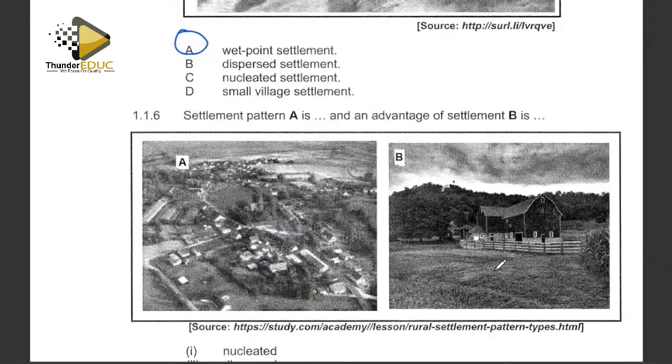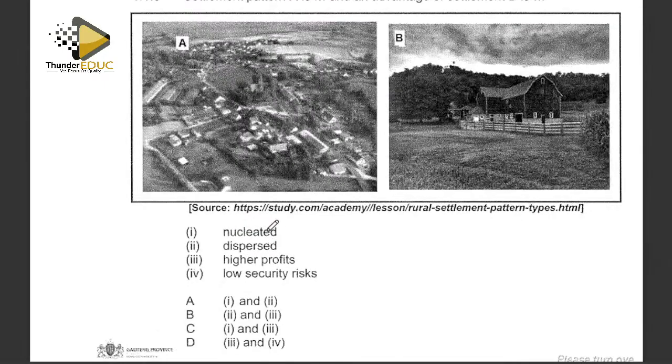And if we look at B, it's an isolated, a dispersed farmstead. So we want to identify the pattern at A. We only have two patterns, nucleated or dispersed. So this one is nucleated for the sake that the houses are close to each other from what we are seeing there. It's a nucleated settlement.